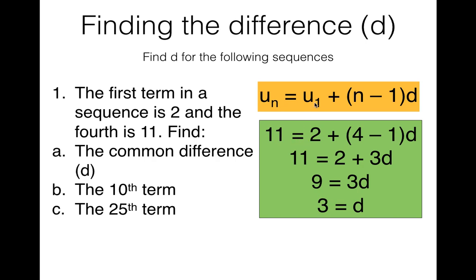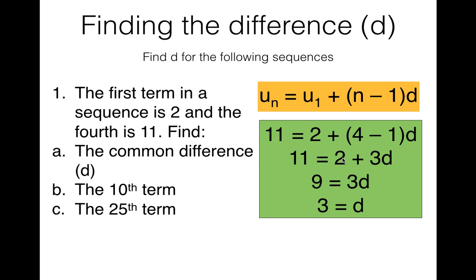It's equal to the first term, which is 2, so I've put in 2 here in place of the first term, plus n, so we're looking at the fourth term here, so n equals 4, minus 1, all multiplied by d, and we don't know what d is yet. So I'm just going to work with the numbers that I've got.